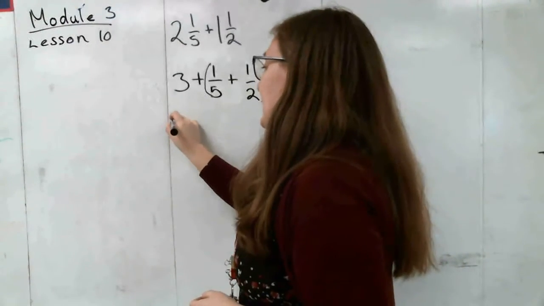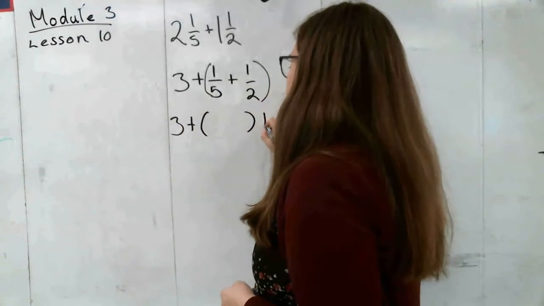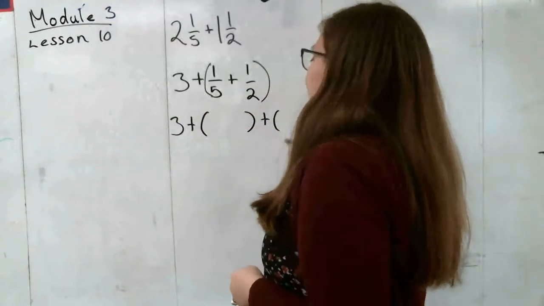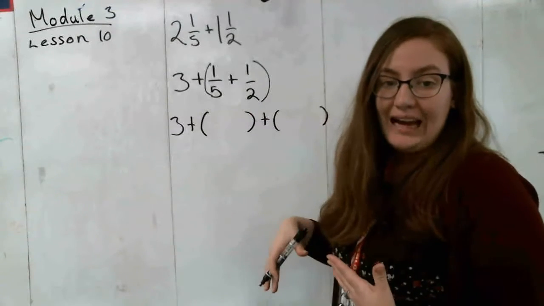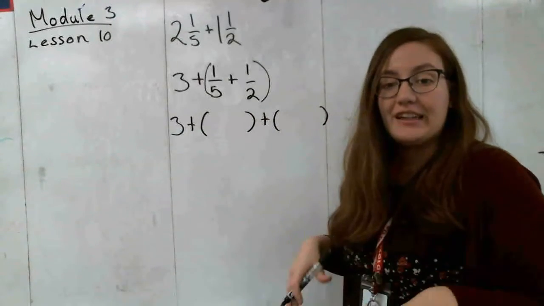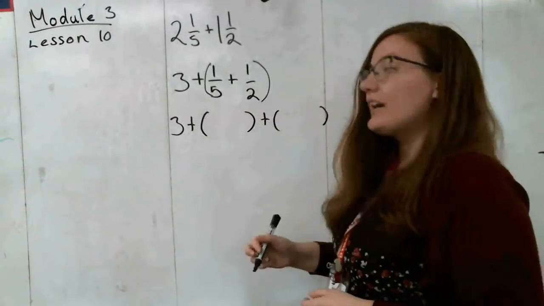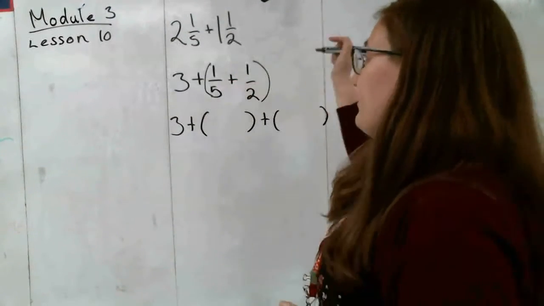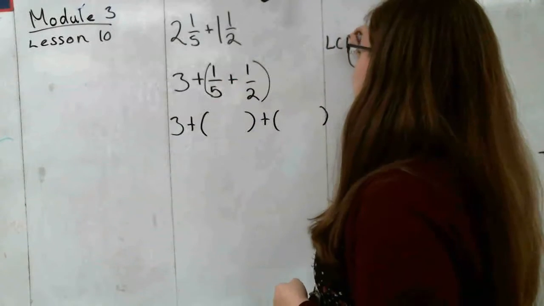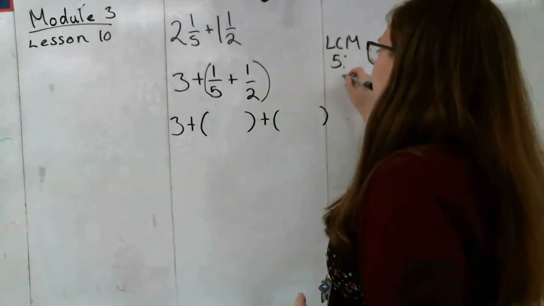So I'm going to keep this 3 plus over here, but now I'm going to use those little parentheses like I did for the last lesson to multiply my fractions to get that common denominator, and then after that we can add everything up. So for my 1/5 right here, remember we have that LCM, and I'm trying to find that least common multiple between 5 and 2.